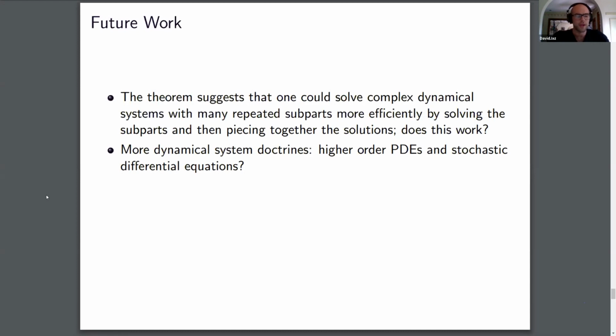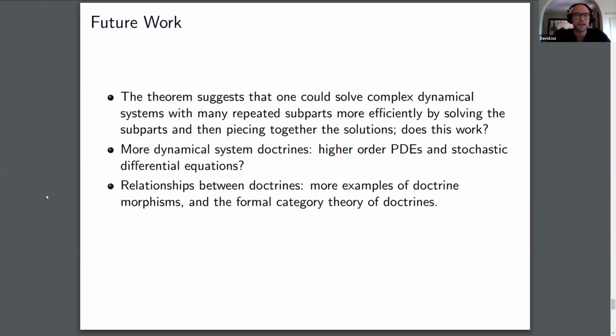I would love to see more dynamical system doctrines. So I know how to do higher order ODEs, but I don't know how to do PDEs. I don't really know how to do stochastic differential equations at all. So I'd love to see that. I didn't talk about doctrine morphisms, but an example of an approximate doctrine morphism is the Euler approximation method. I would love to see more doctrine morphisms that are actually used in dynamical systems theory.